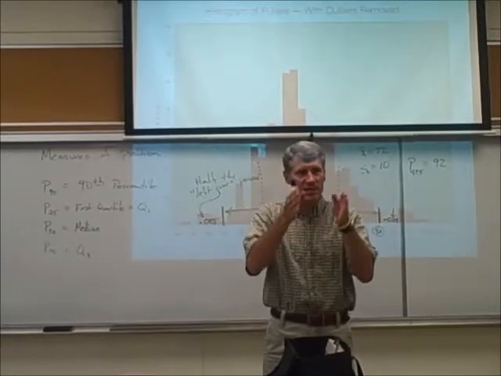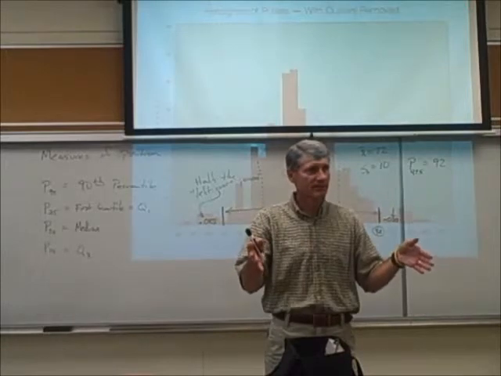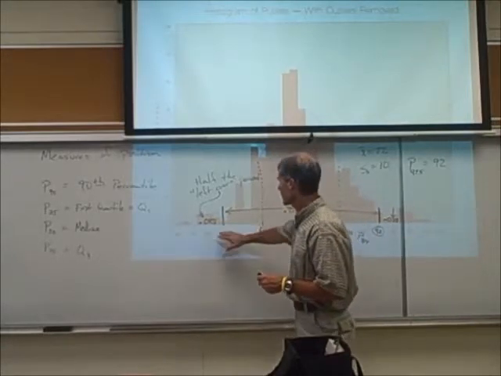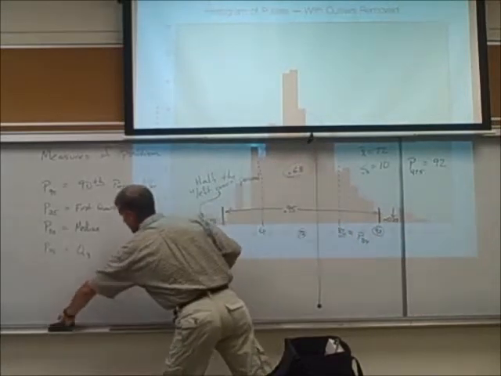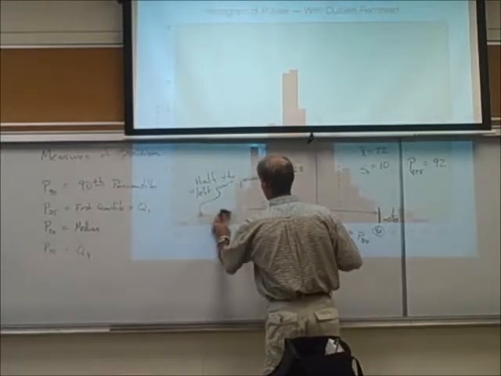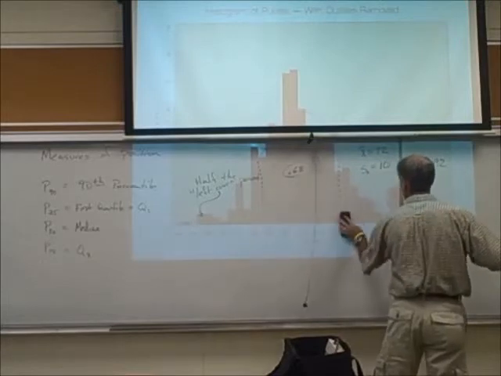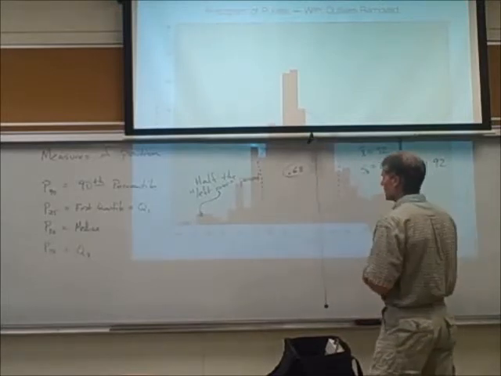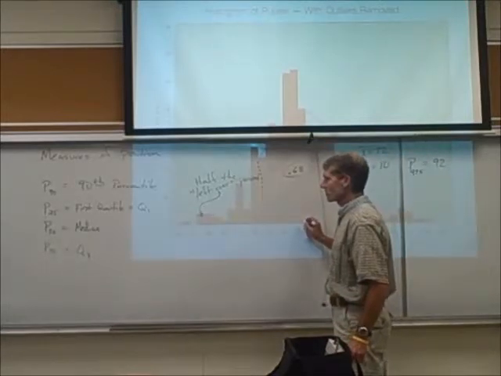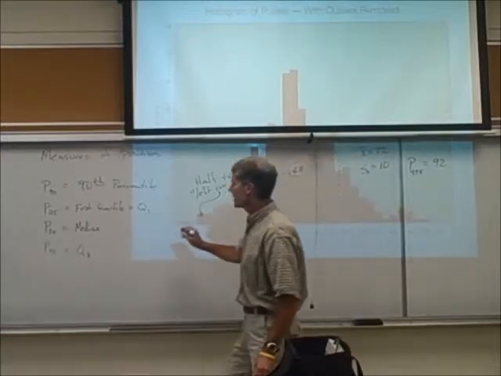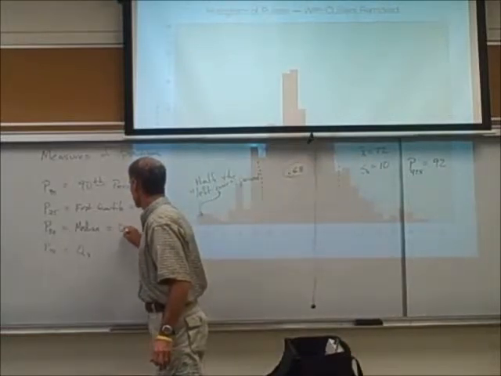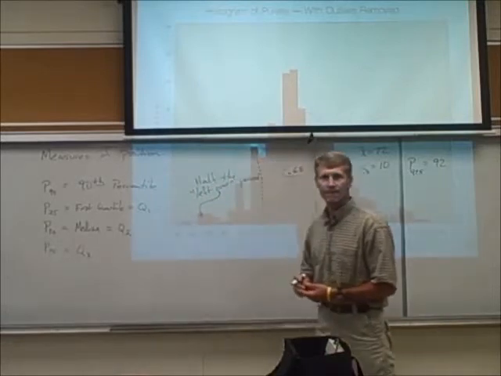And it takes 3 divisions to do that. If I want to cut my distribution into quarters, then I have to have 3 cut points. Those three cut points are called the quartiles. And the median, by the way, is the second quartile.